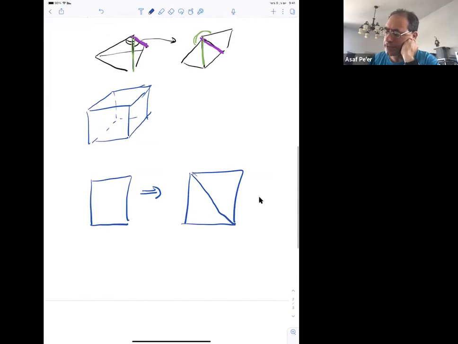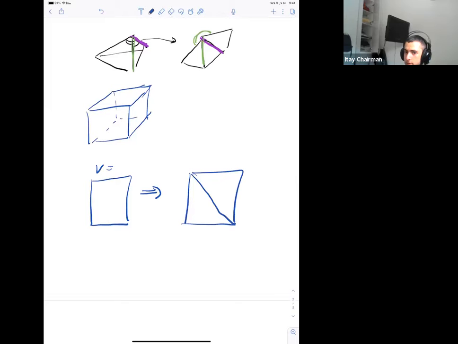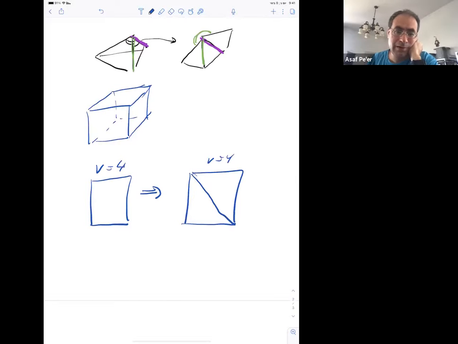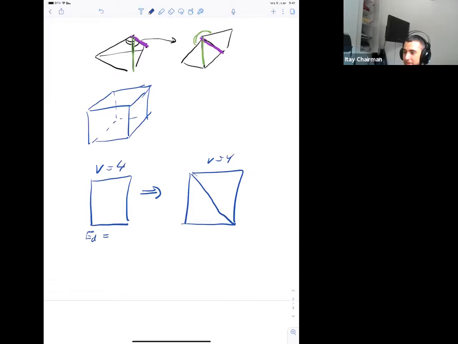So the number of vertices, what's the number of vertices here? 4. 4 here as well. What's the number of edges? 4. 4, right? 1, 2, 3, 4.